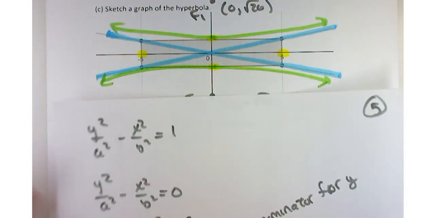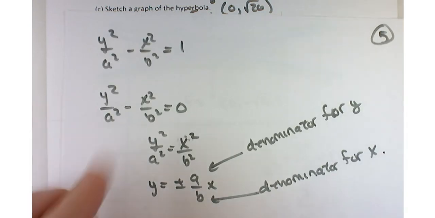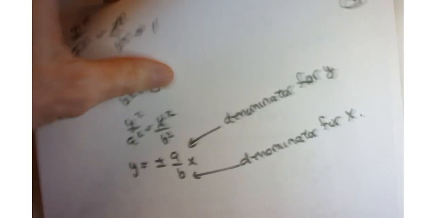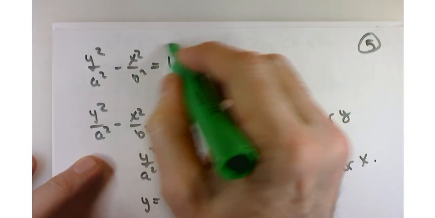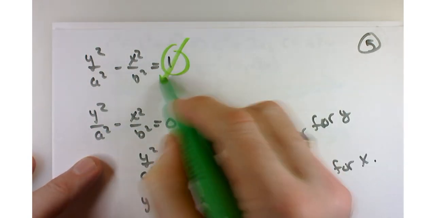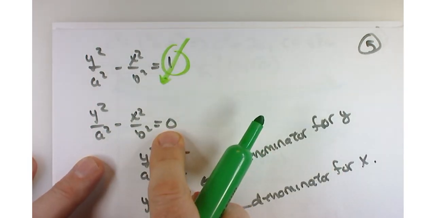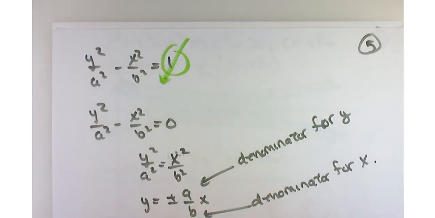And what I realized a bunch of years ago is if I take this general equation and somehow realize that, let's cancel out that 1 and make it a 0, and then solve for y, then I get what I need, an equation for those diagonals, those asymptotes.